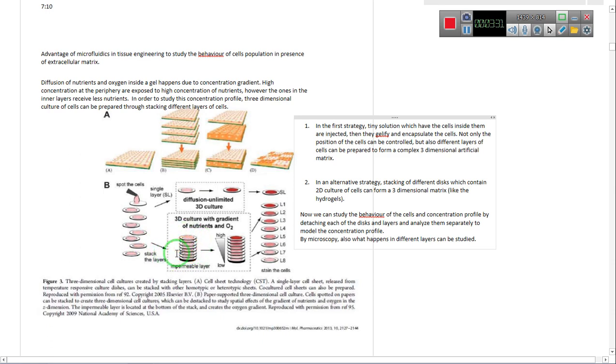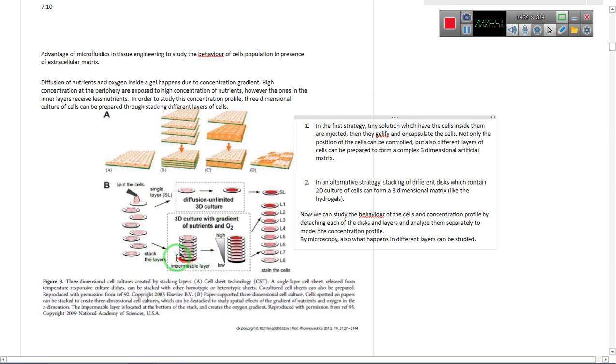Just keep in mind that the papers are permeable, so the diffusion is capable of flowing the oxygen and the nutrients through different layers of cells that we have, because the papers are permeable.